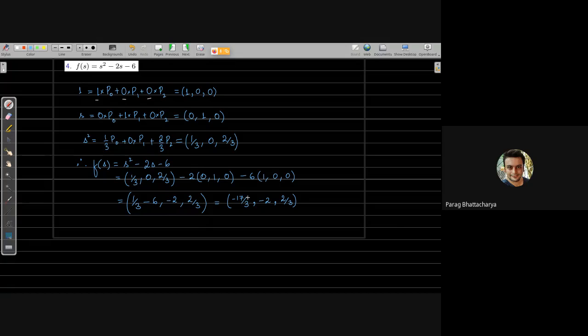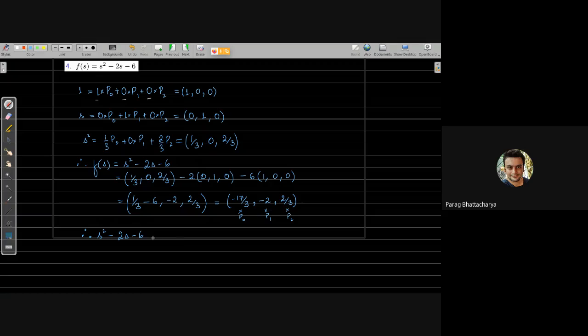All right. So whatever you have here, this is supposed to be multiplied with P0. This is supposed to be multiplied with P1. And this is supposed to be multiplied with P2. So therefore, we have this function, and you are supposed to write it in terms of the Legendre polynomials, that is P0, P1 and P2.